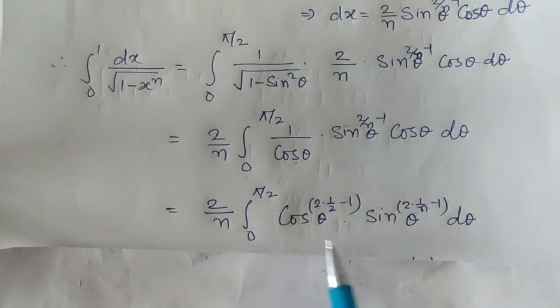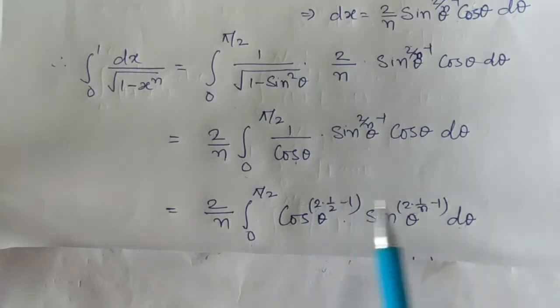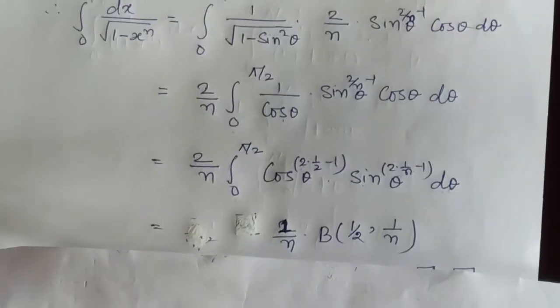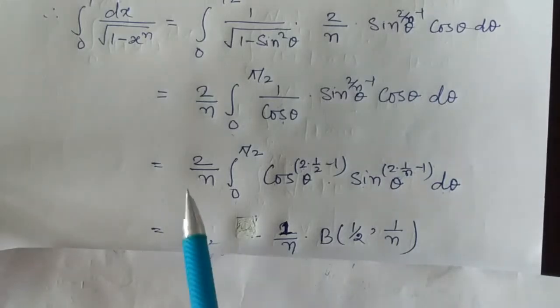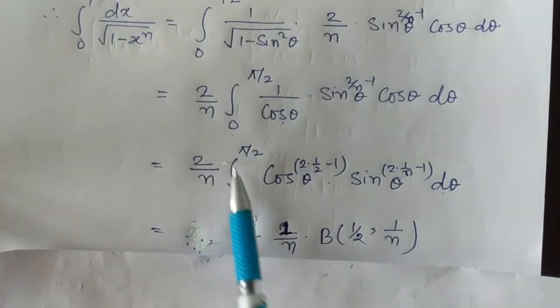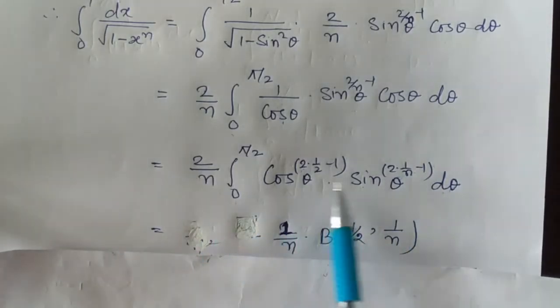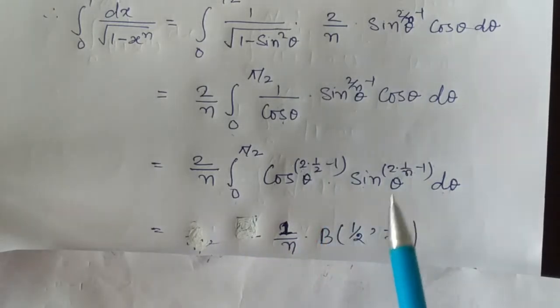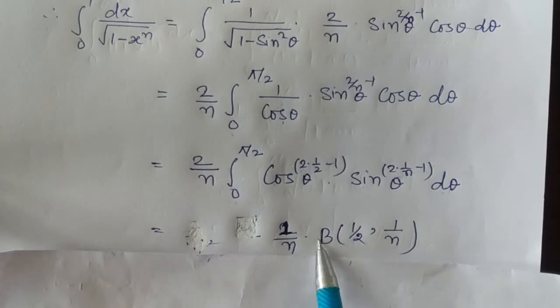So we have the trigonometric form of beta function where m is 1 by 2 and n is 1 by n. So this integral becomes beta mn, and therefore we have 1 by n into 2 into integral, which is beta mn where m is 1 by 2 and n is 1 by n. So we have 1 by n into beta 1 by 2 comma 1 by n.